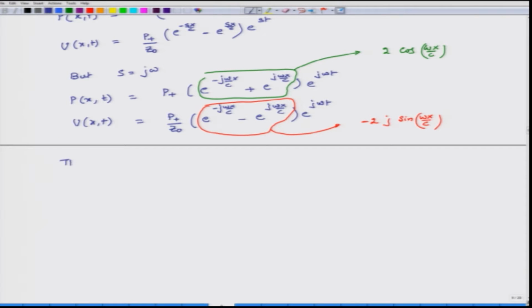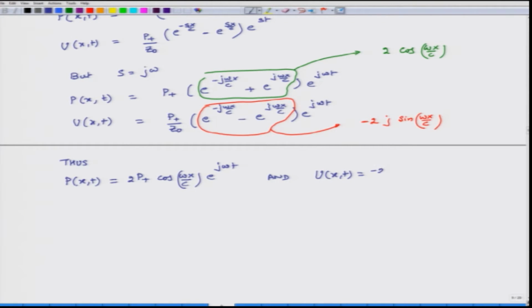So, we can state thus P of x and t, which is the complex pressure, is equal to P plus times 2 cosine omega x over C times e to the power of j omega t, and complex velocity is equal to P plus over Z naught, and there is a, so I will need some space.